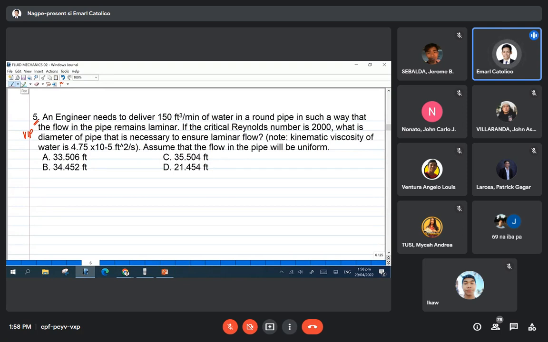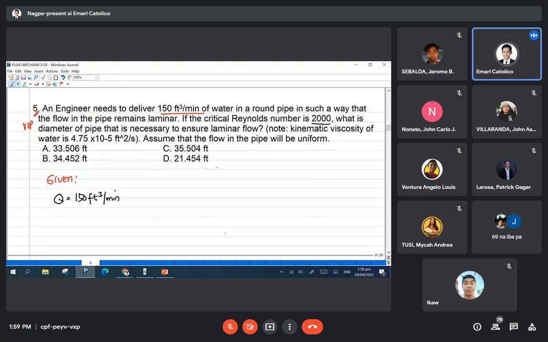So kunin natin yung given, number 5. So 150 cubic feet per minute, yan yung ating volume flow rate. So Q, 150 cubic feet per minute. Okay. Then, meron tayong Reynolds number of 2,000 since critical yung na-measure ng ating engineer. So Re is 2,000.